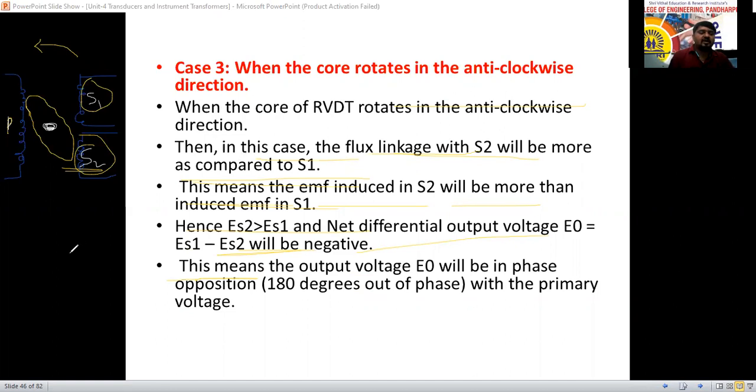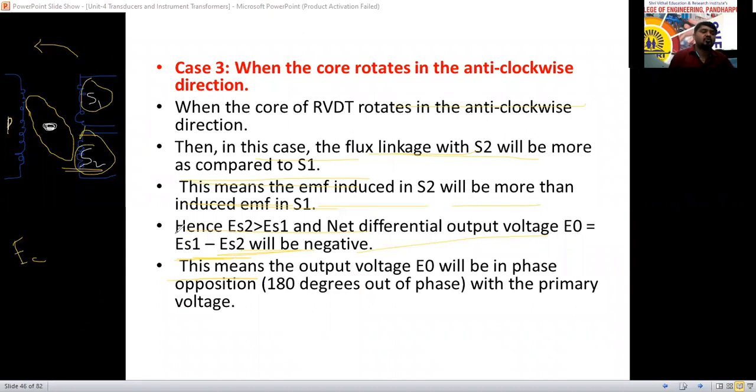So in that condition, we know the formula, the net output is ES1 minus ES2. ES2 is greater than ES1 here, no? So E naught equals ES1 minus ES2. So will the output be positive or negative? Negative.